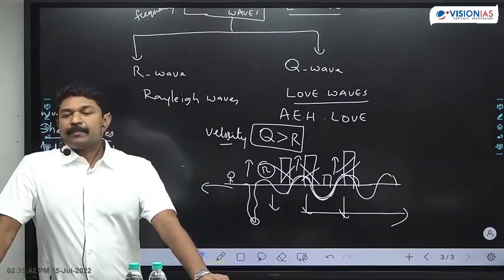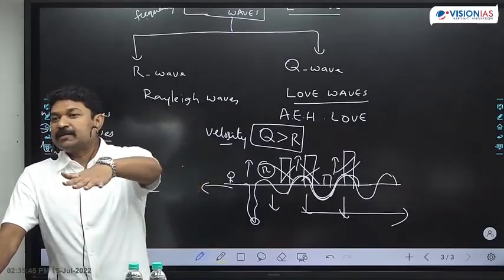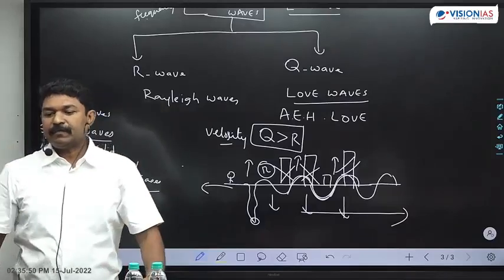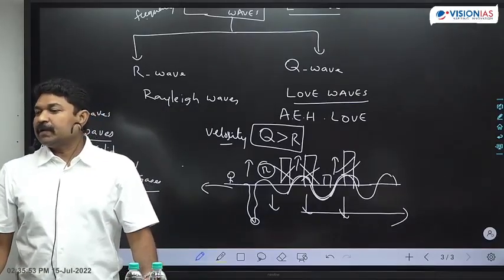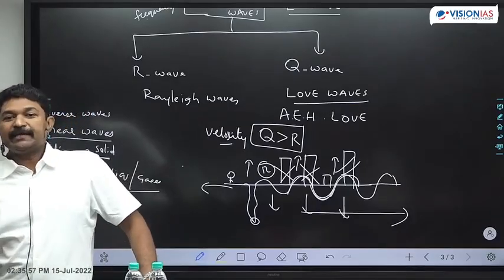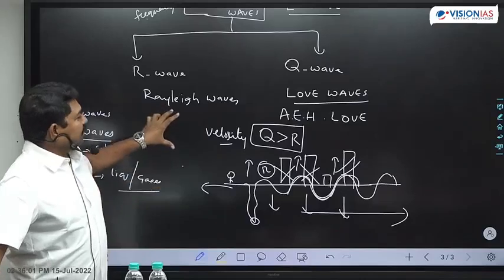Full stop. Their direction of propagation is perpendicular to the surface, in the form of crest and trough. C-R-E-S-T and T-R-O-U-G-H, trough. In the form of crest and trough.